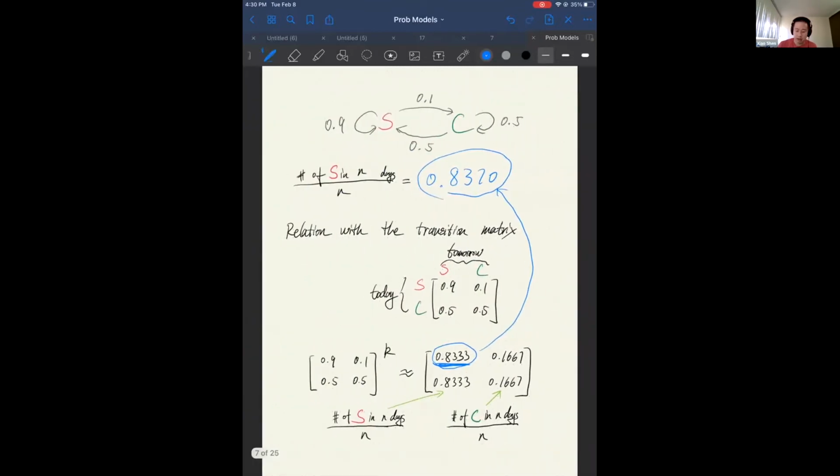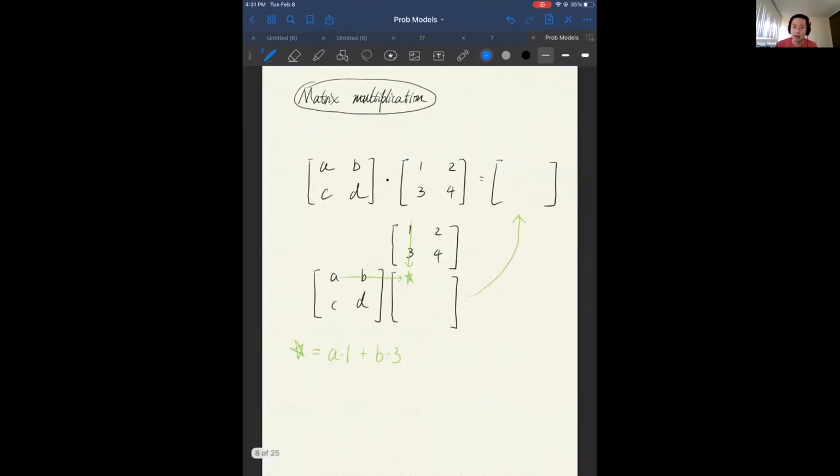Oh, and maybe I should talk a little bit about matrix multiplication. We're just raising a matrix to the kth power, and I guess it's not really something that is covered in high school. In this example, the entries of the first matrix are A, B, C, D, and the second matrix has entries 1, 2, 3, 4.